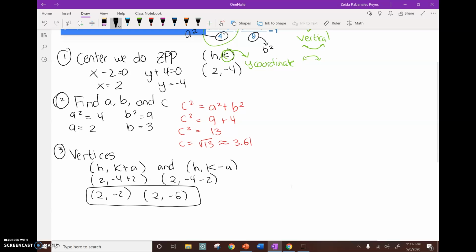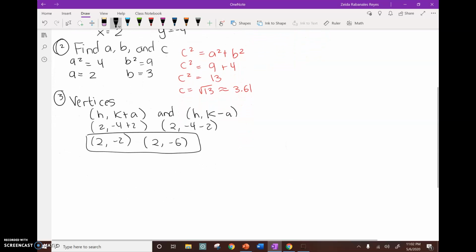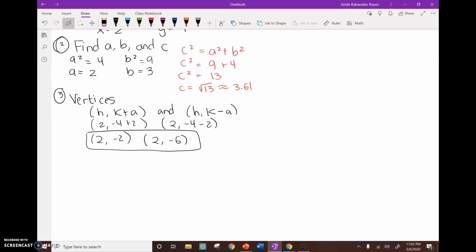Alright, and then I have to find the foci points. So same thing, foci points. I will be adding h comma k plus c. Remember, for the foci points you always add c or subtract c depending what you get.